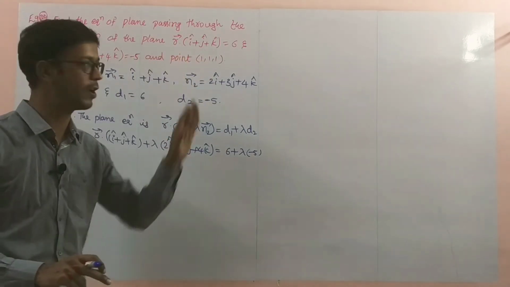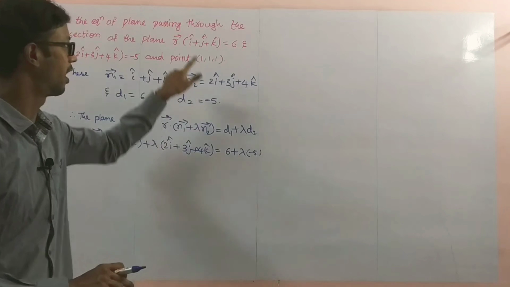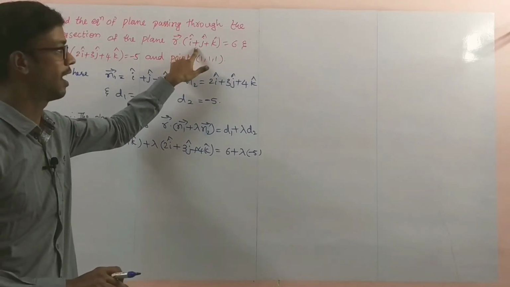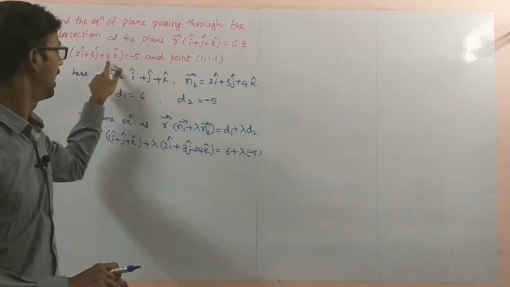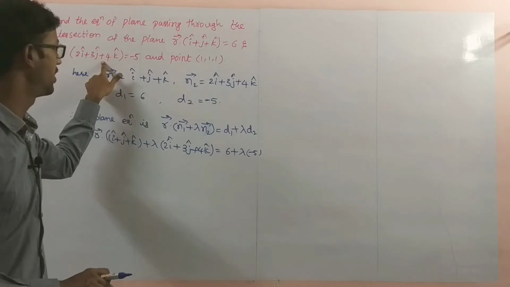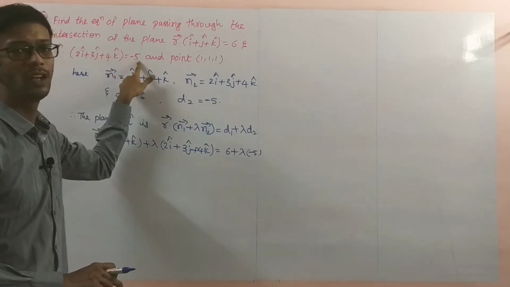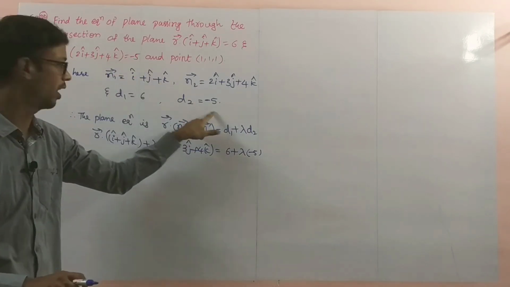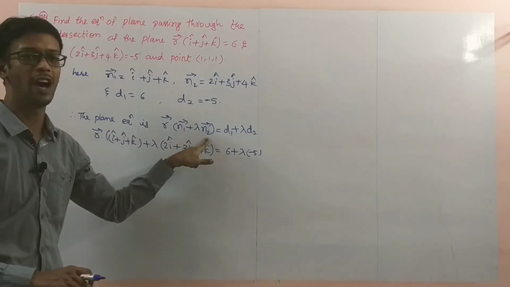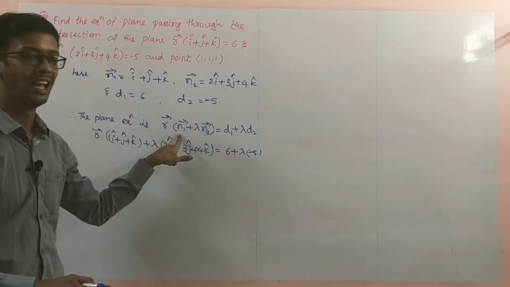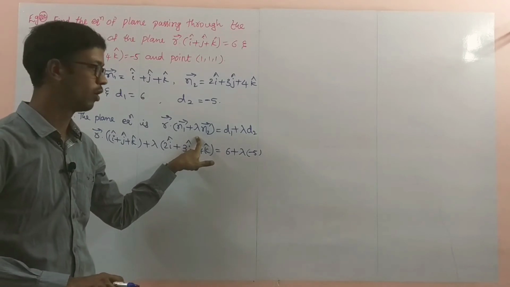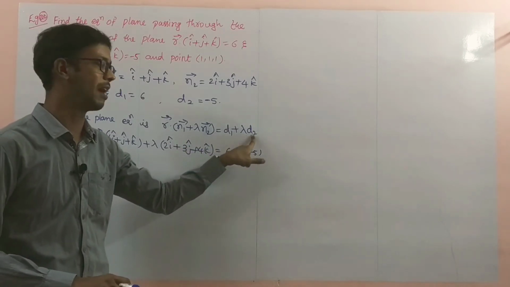The point will be used last. Here n1 bar is this vector, d1 is 6, n2 bar is 2i cap plus 3j cap plus 4k cap, d2 equal to minus 5. I wrote it here. And for the plane equation we have the formula r bar dot (n1 bar plus lambda n2 bar) equal to d1 plus lambda d2.